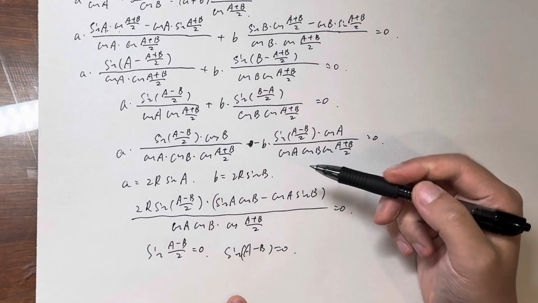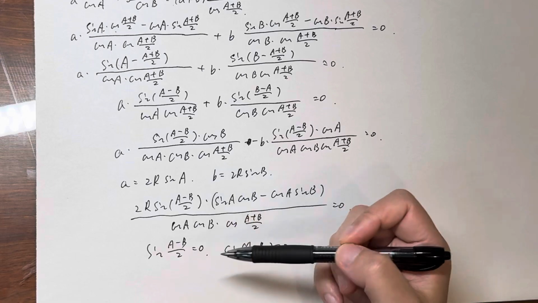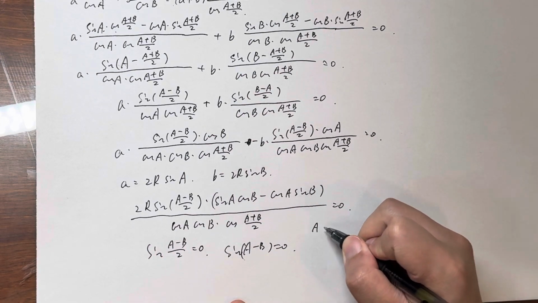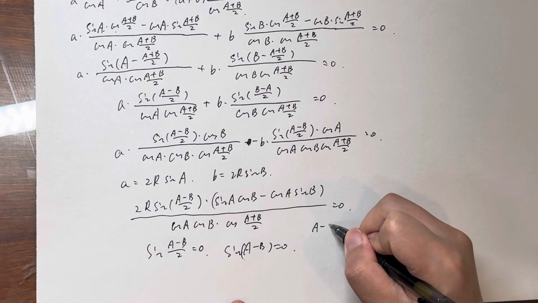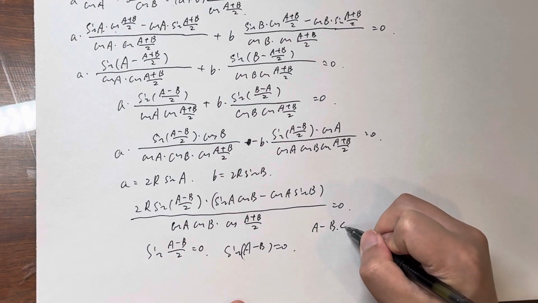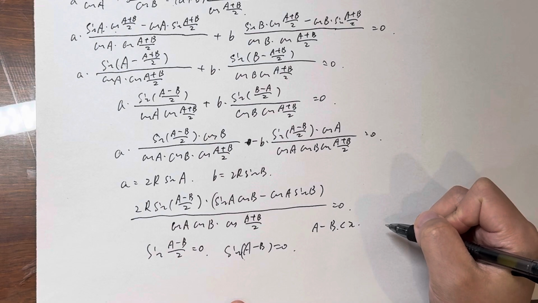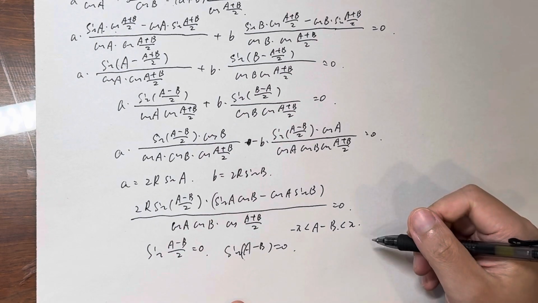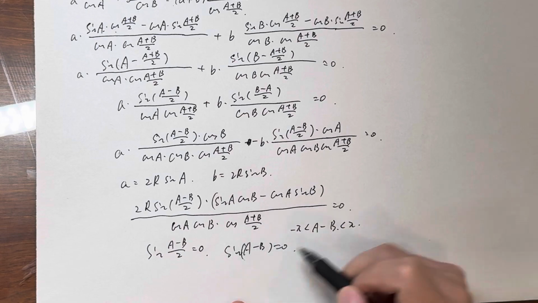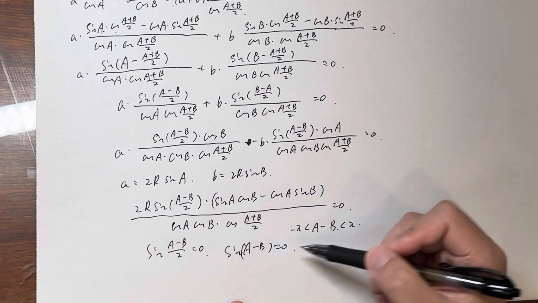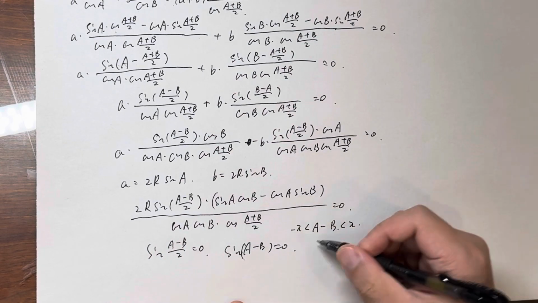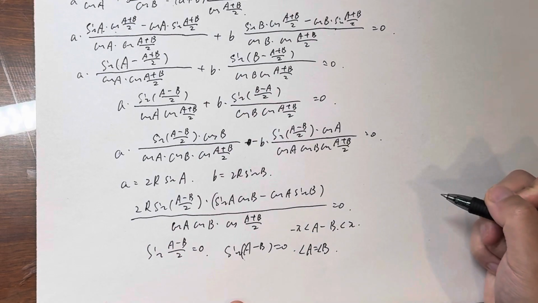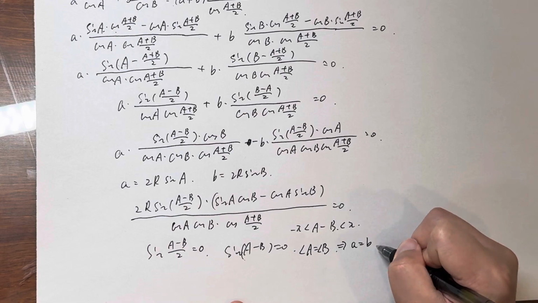Then we know that in triangle ABC, the angle A minus angle B should be less than pi and larger than minus pi. Then the only valid solution, that sin of (A minus B)/2 equals 0 or this one equals 0, would be A equals B, right? Angle A equals angle B, which means a equals b.